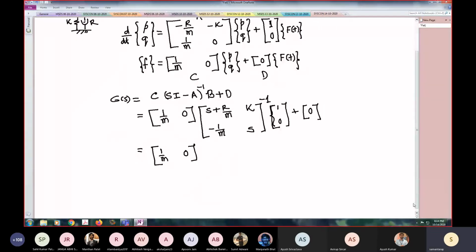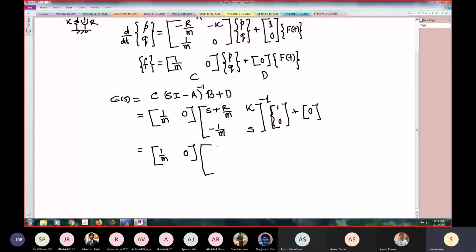In fact, I don't need all terms of the adjoint matrix, because the first column only is required. Other terms will be multiplied with 0, so they will vanish.